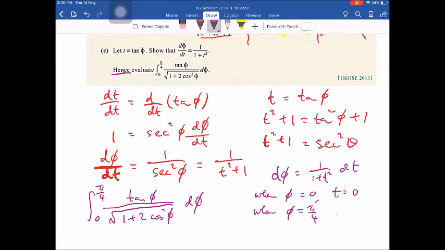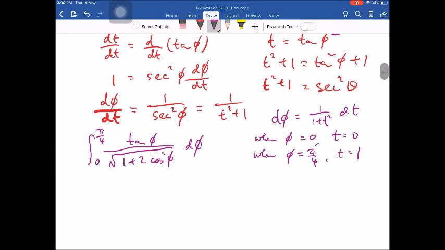When phi is pi over 4, t is 1. And then I can change, this is t. I do step by step. This is 0 to 1, this is dt over 1 plus t squared, and this is t.